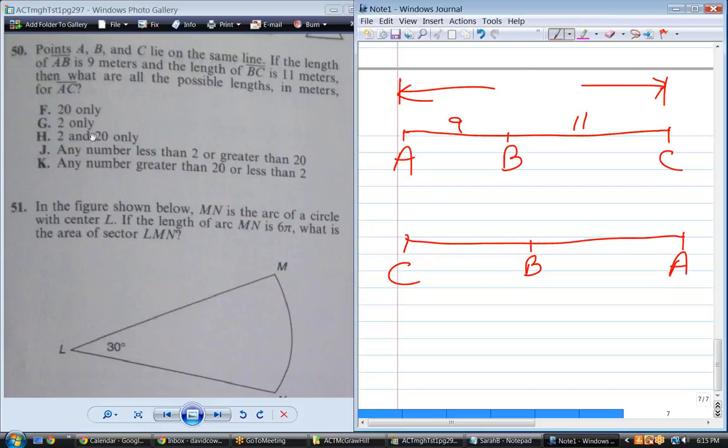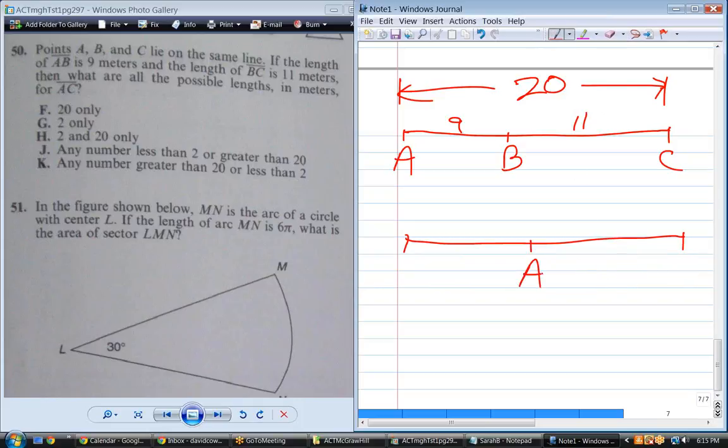Okay. Clearly, in my upper diagram, 20 is a possible answer. About the lower diagram, I know that AB is 9, and BC is 11, AC is still 20. So changing it to that doesn't do anything.